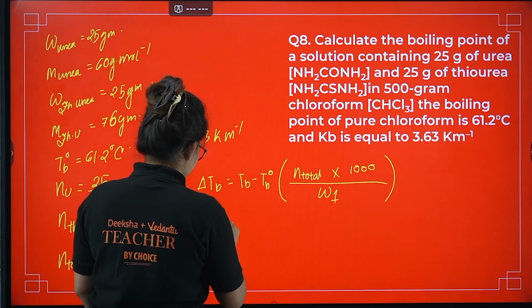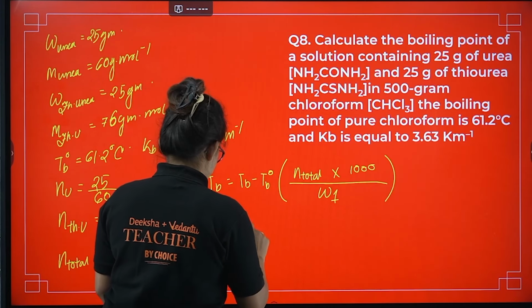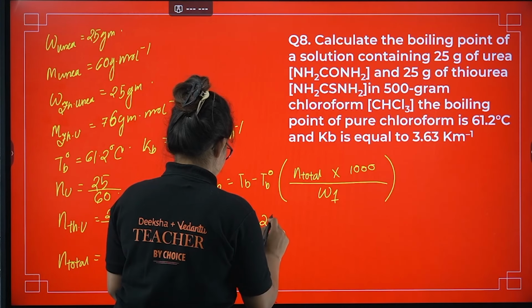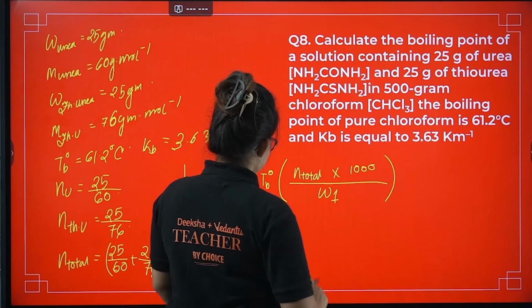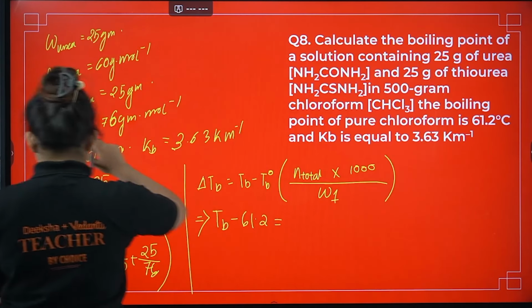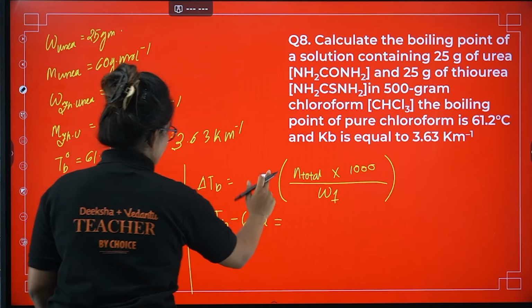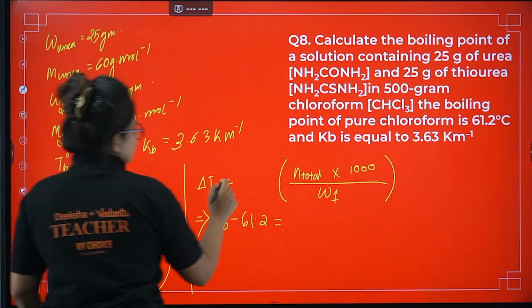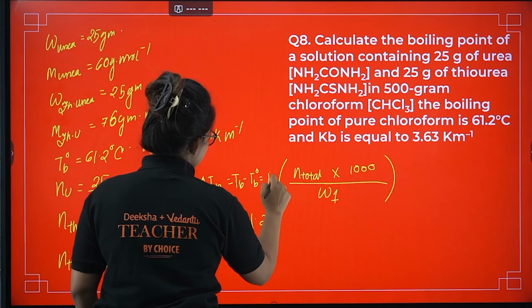So TB you have to find out, right? Minus TB naught, you can directly write 61.2. I forgot to write here the Kb. TB minus TB naught equals Kb into this.